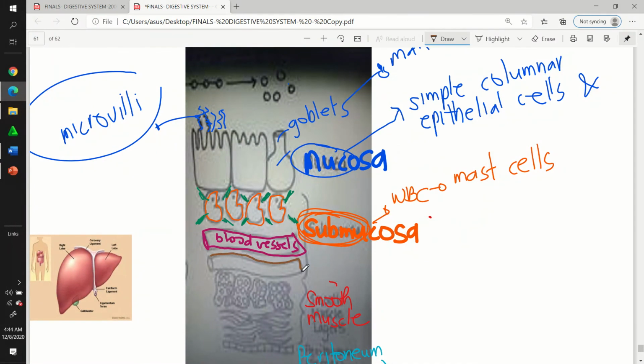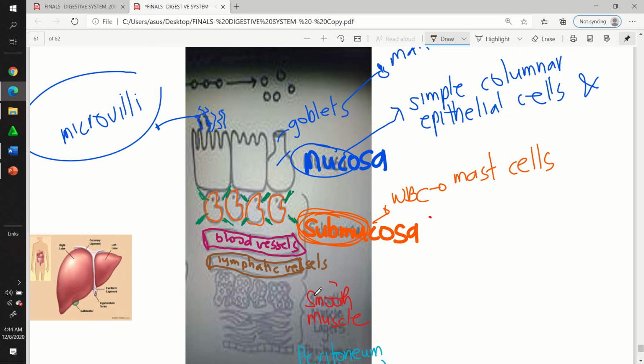Let me use this color to illustrate this one. Your lymphatic vessels. These lymphatic vessels do not carry blood, but extra fluid away.